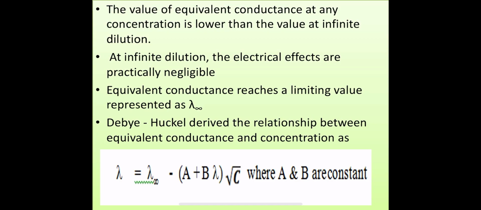That means it will move towards the anode. Similarly, the negative ion moves towards the anode. The ionic atmosphere with the associated water molecules moves in the opposite direction, that is towards the cathode. Here the movement will be against, that means in the opposite direction of the passage of the electricity.